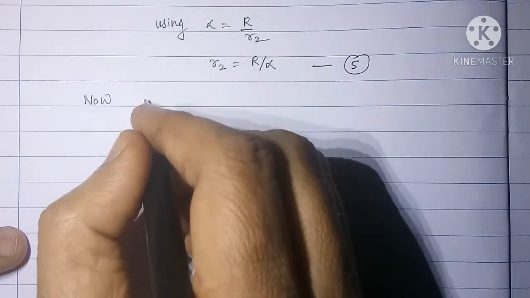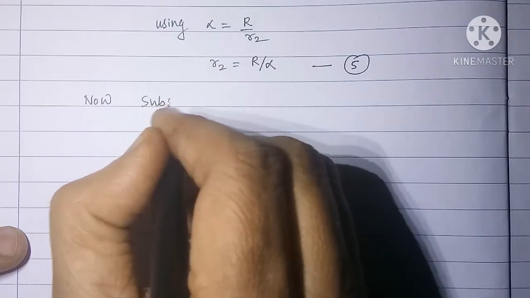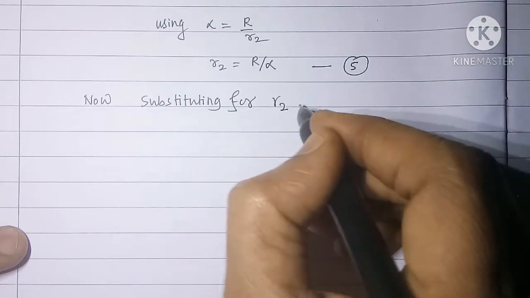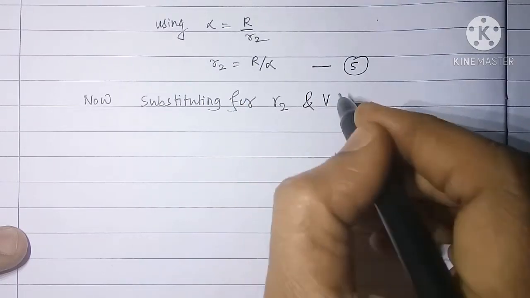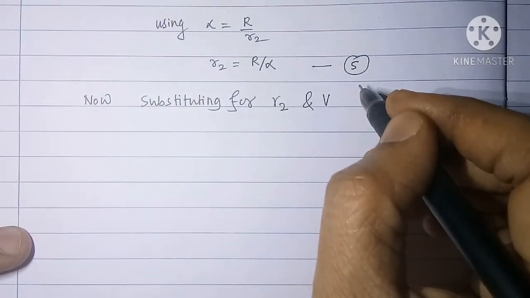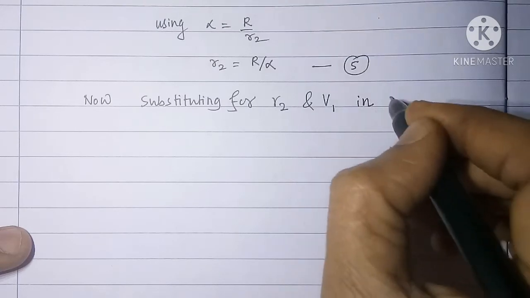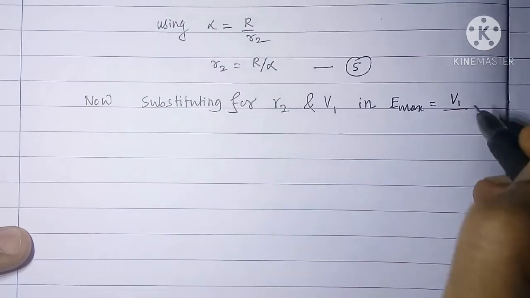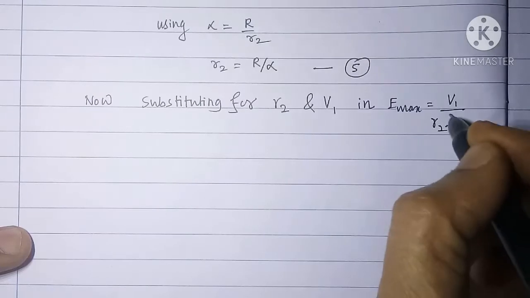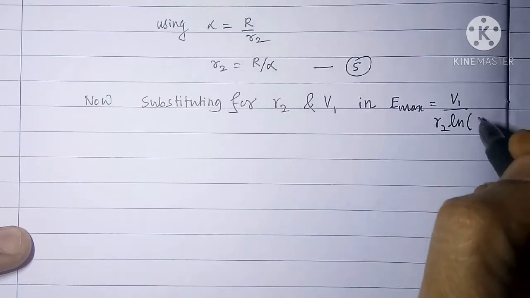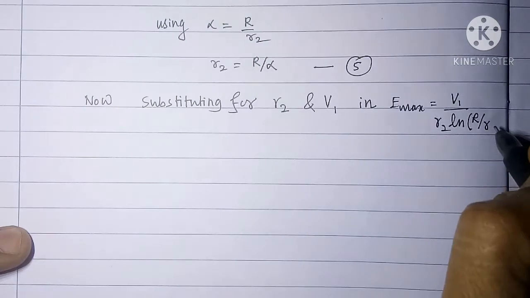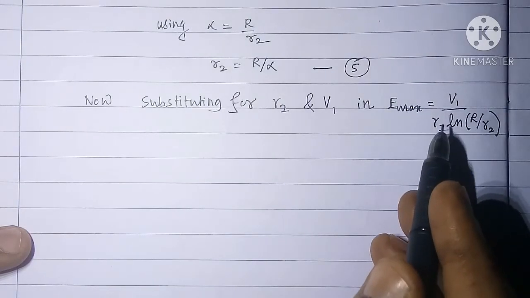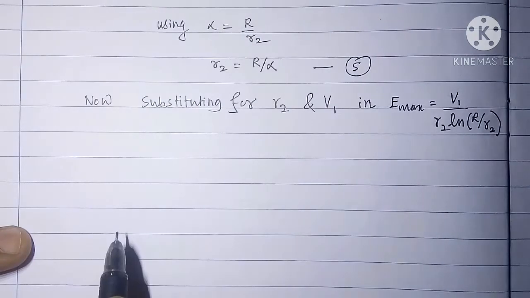Now, substituting for R2 and V1 in Emax equal to V1 upon R2 into ln of R by R2, this expression I am taking from equation 1.